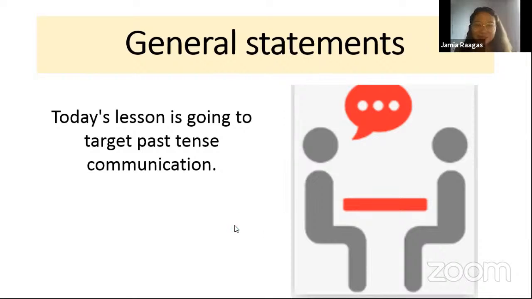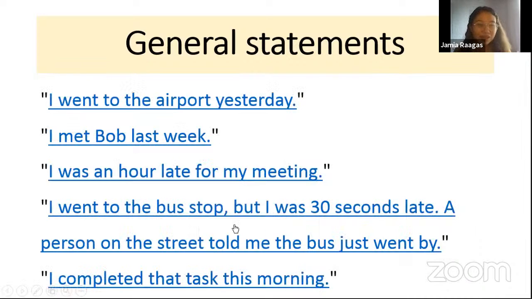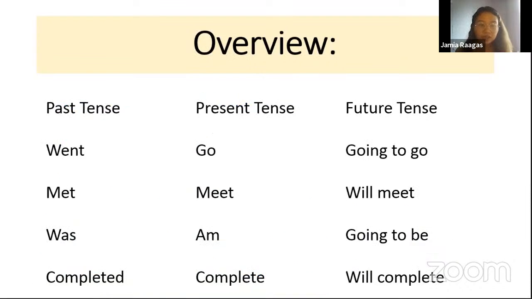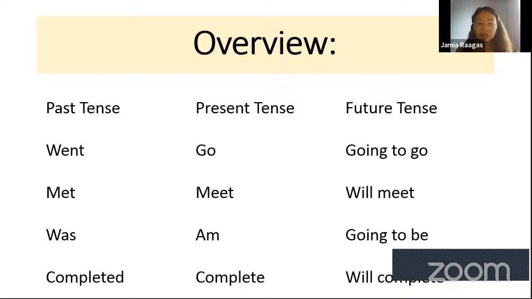Okay, so let's talk about the past here. I think these are just some general statements that we can use. You see we have the past: went, met, was, went, and so on, completed. So we have the past tense, the present, and the future. For this one, I think we talked about this last time.